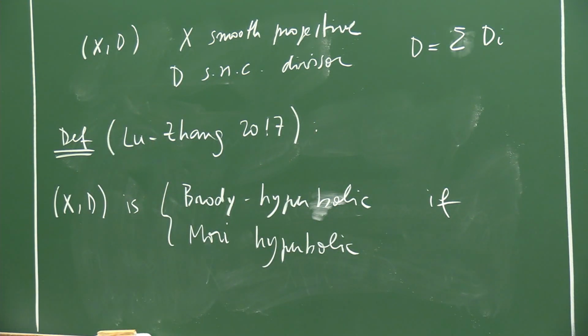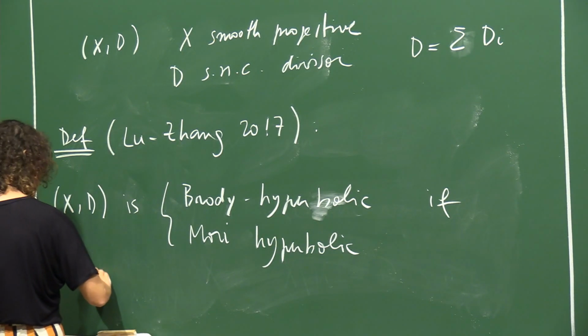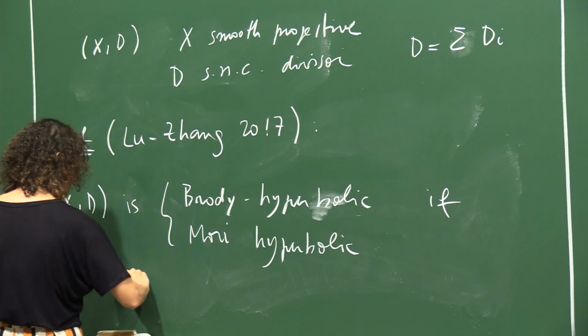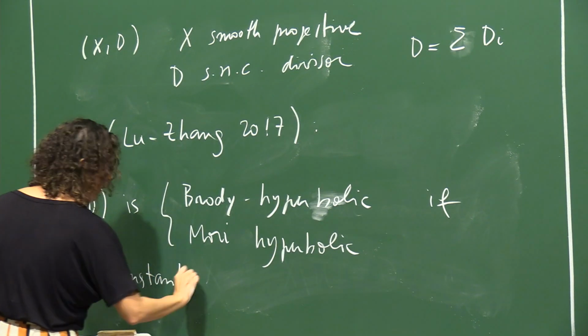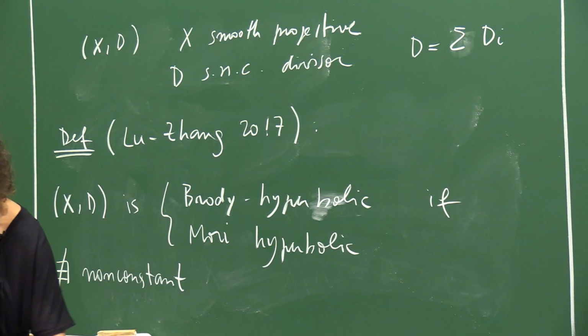The definition is similar to the usual definition of Brody hyperbolicity. So the pair is hyperbolic if there is no non-constant map; the type of map here will depend on the type of hyperbolicity.